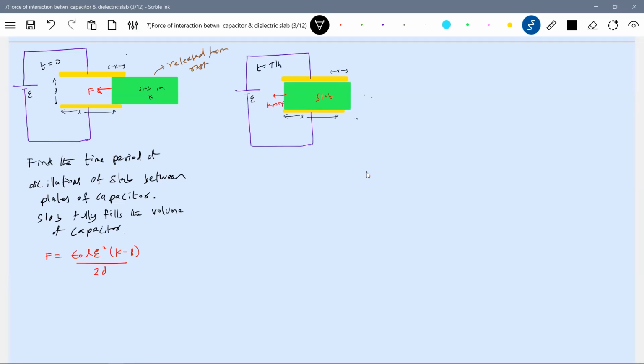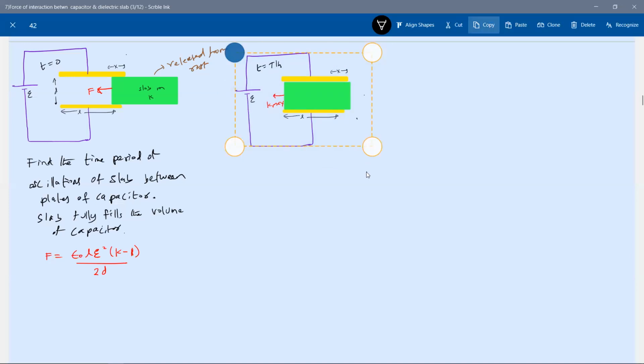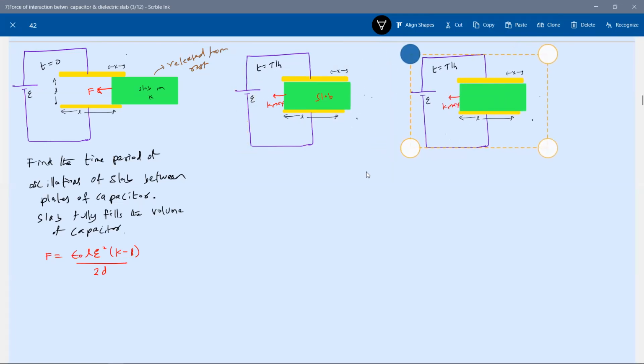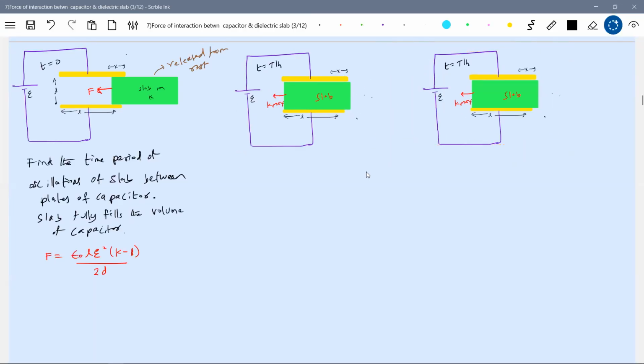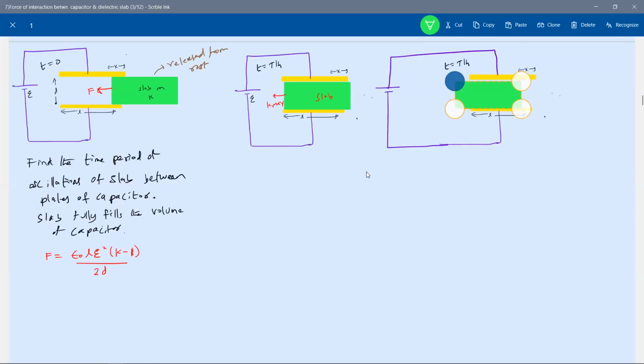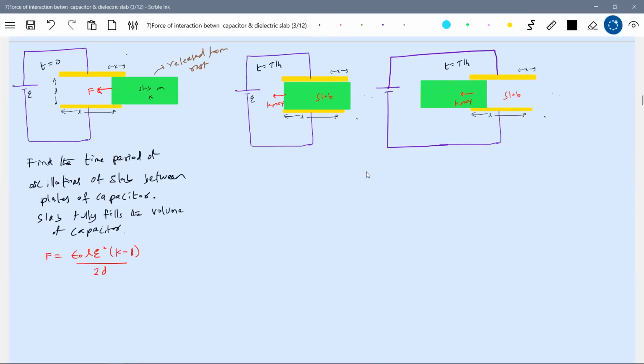In the next position, what is the state of the slab?